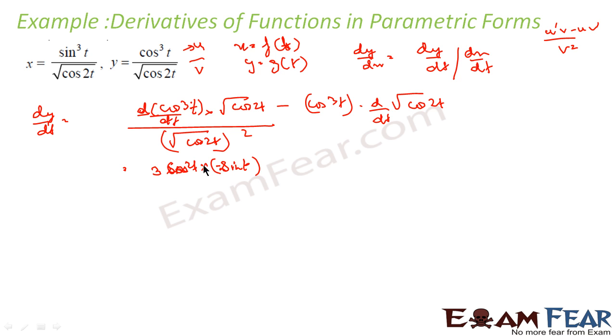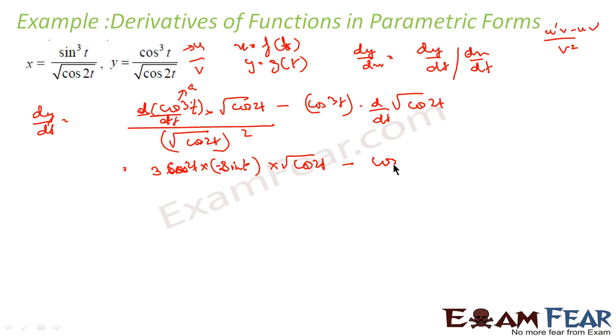Why? Because you can assume this is, let's suppose, a. This is a cube, so a cube becomes 3a square. And then we have to find differentiation of a, that is d by dt of cos t, that is minus sine t, into root cos 2t.